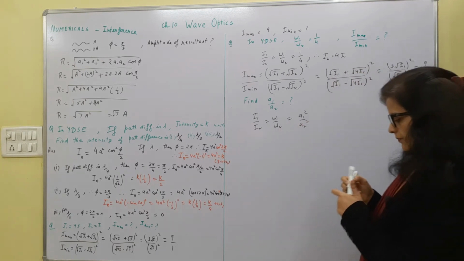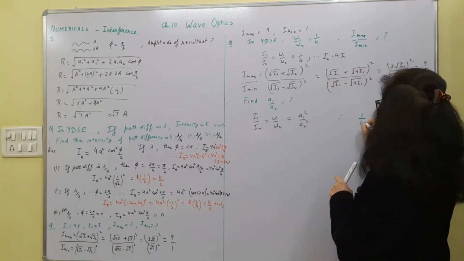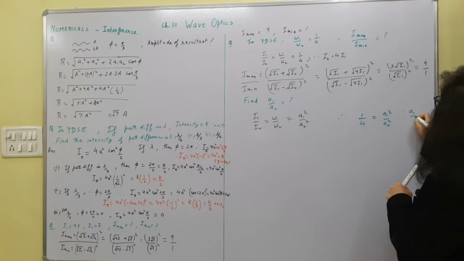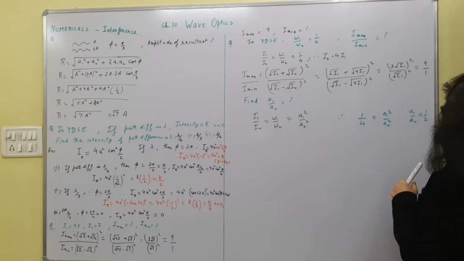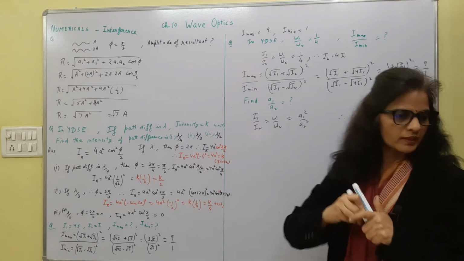So if you know W1 upon W2, this is 1/4. Therefore, A1 upon A2 is equal to 1 upon 2. This is the ratio of the amplitudes of the constituent waves.